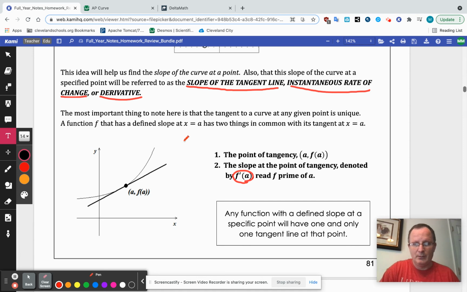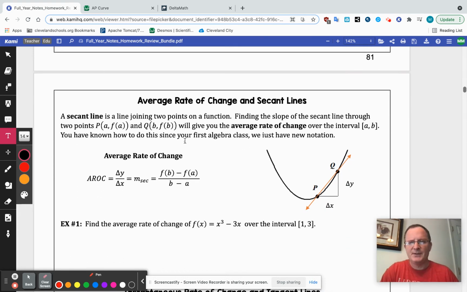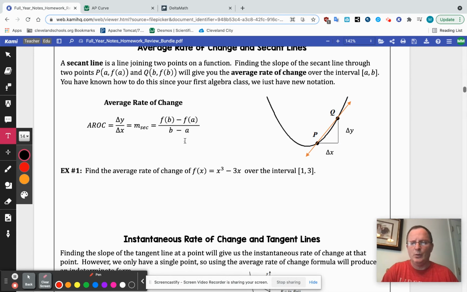Okay, awesome. Now, we've done this before. The very first lesson of the year was about average rate of change, so we're going to get a little practice on that again. What you probably realize is we're going to try to take that red line and find the instantaneous rate of change by having this point approach that point. That's the goal, and I'll show that in the next section.